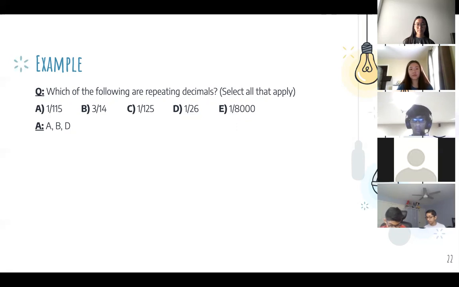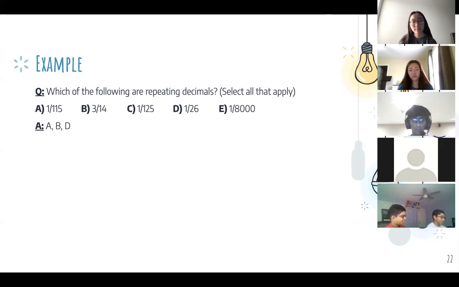And option C is divisible by only 5s. Option D is divisible by 13, which is a prime that is not 2 or 5. And option E is divisible by only 2s and 5s. So the only answer options that are repeating decimals are going to be A, B, and D, because those are the only ones that are divisible by primes.